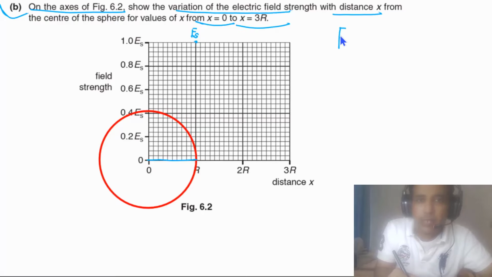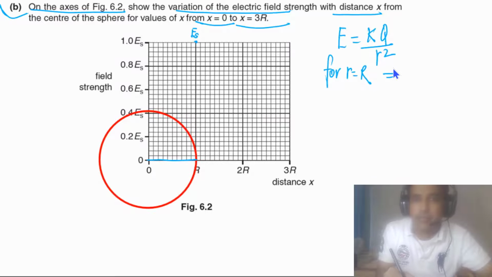Now we need to understand how electric field is linked with distance. So we can say E is equal to KQ over R square. So from here we can see that if R is equal to capital R, then electric field is equal to Es.